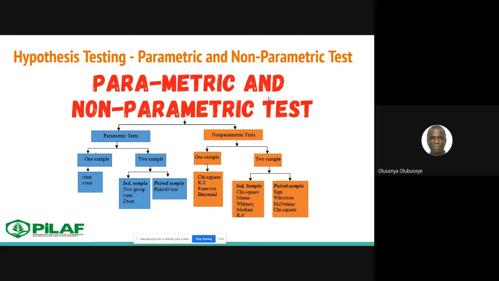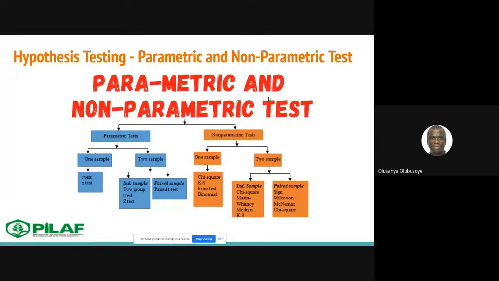So there is a relationship between normal distribution and the Z distribution when it comes to the chi-square distribution, but we are not going there today.